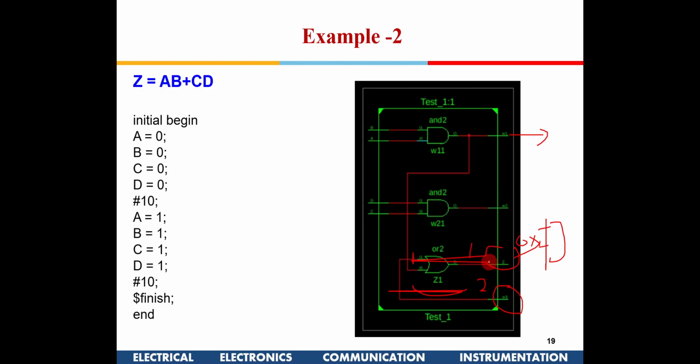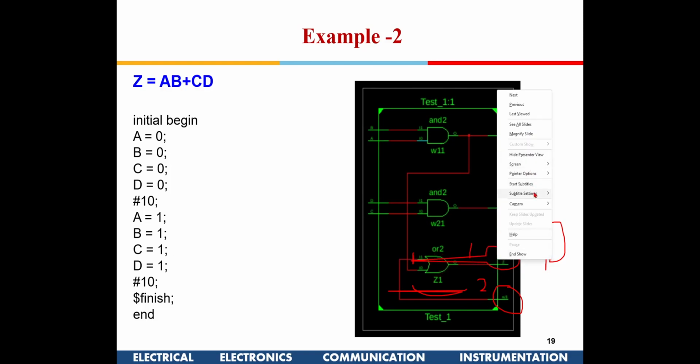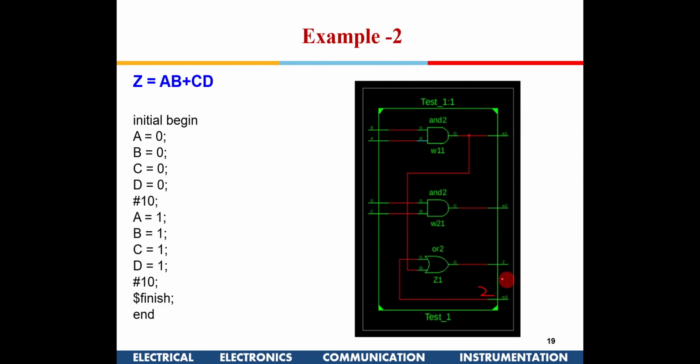So this is z, whereas the output of this particular OR gate, right, here it can be z, and the output at this level can be either 0 or x depending on the input combination. Okay, so when this is going to another gate, for each gate the outputs will always be 0, 1 or x.